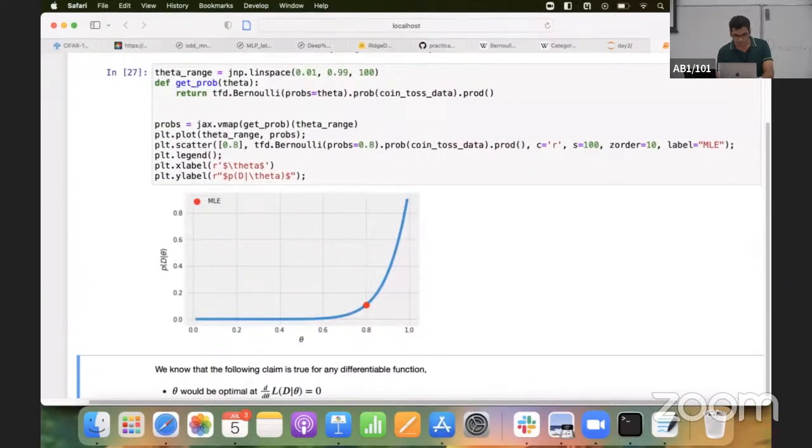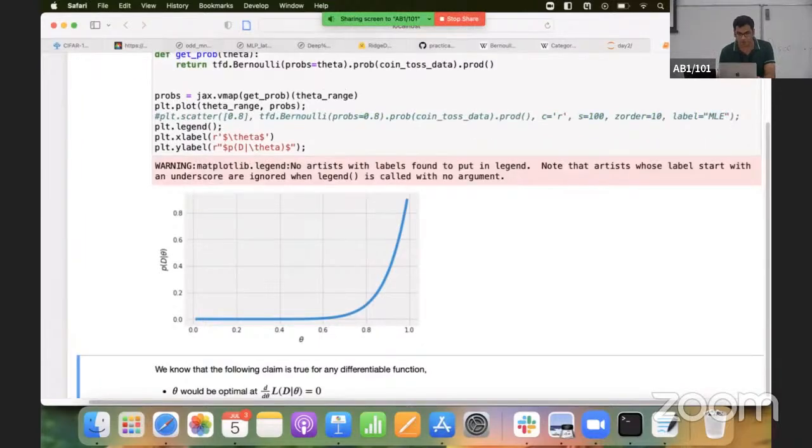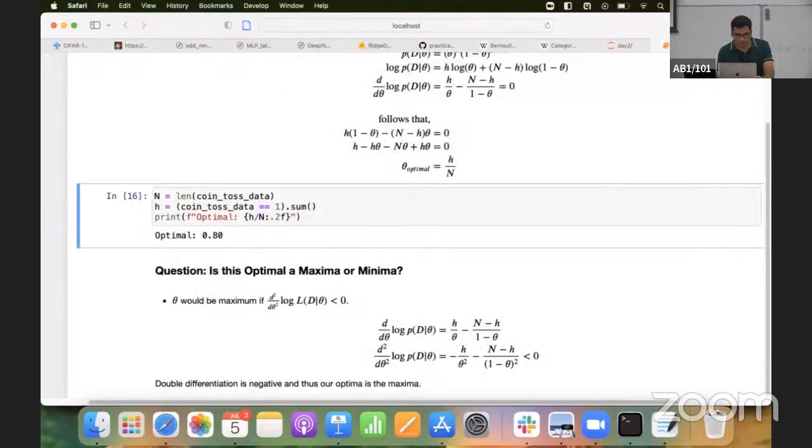Okay. If you put a scatter here, the probability of heads is going to be 1. Right, so if 10 heads in 10 tosses, the probability of heads is equal to 1.